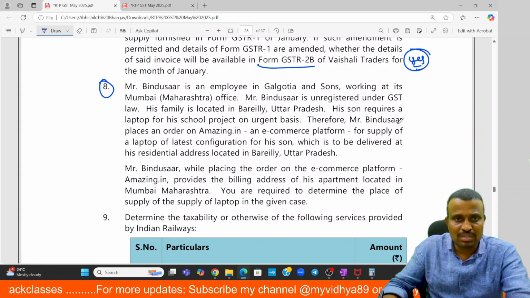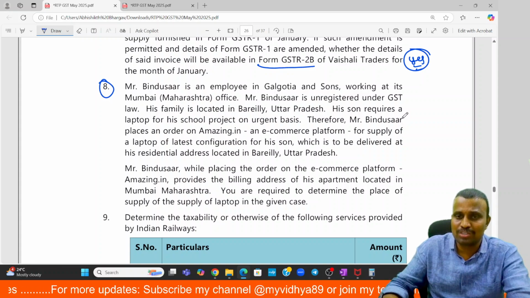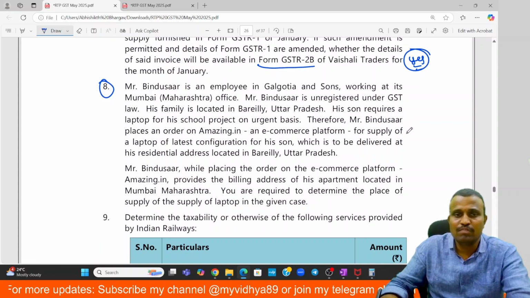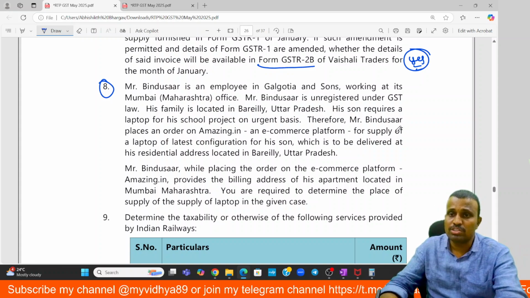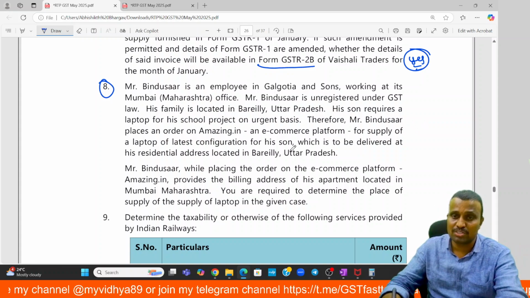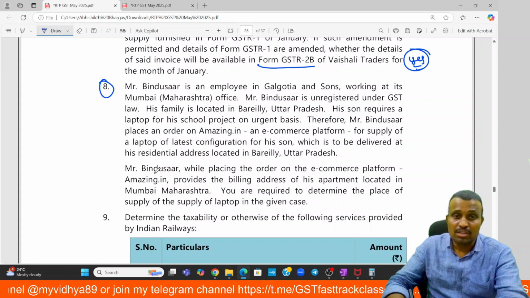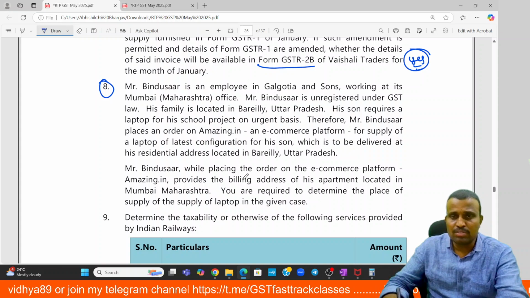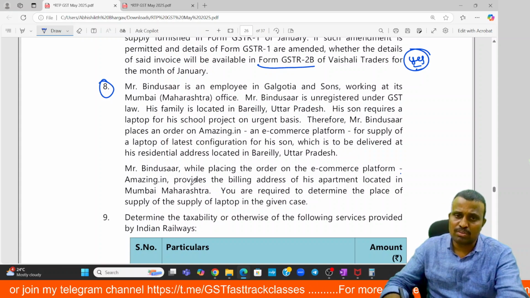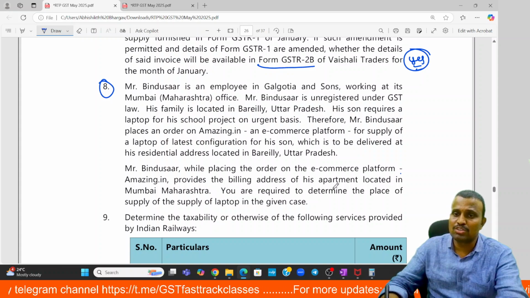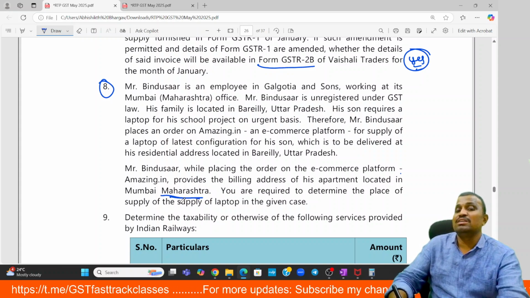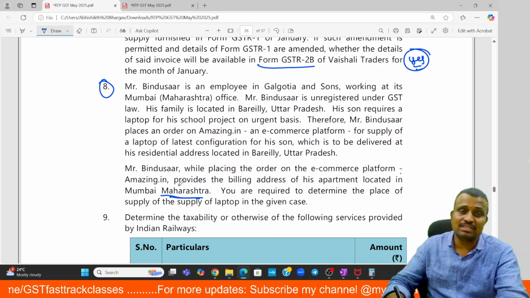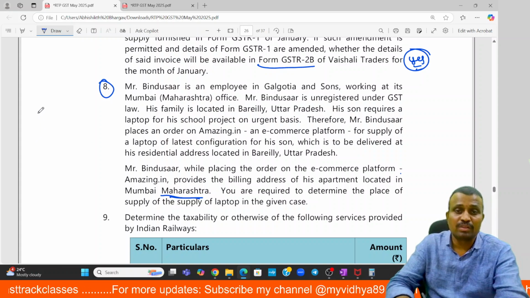Therefore, Mr. Bindusar placed an order on Amazon.in, an e-commerce platform, for supply of a laptop of latest configuration for his son, which is delivered at his residential address located in Uttar Pradesh. While placing the order on e-commerce operator Amazon.in, Mr. Bindusar provides the billing address of his apartment located in Maharashtra. So generally, the place of supply here, the supply made from whom?